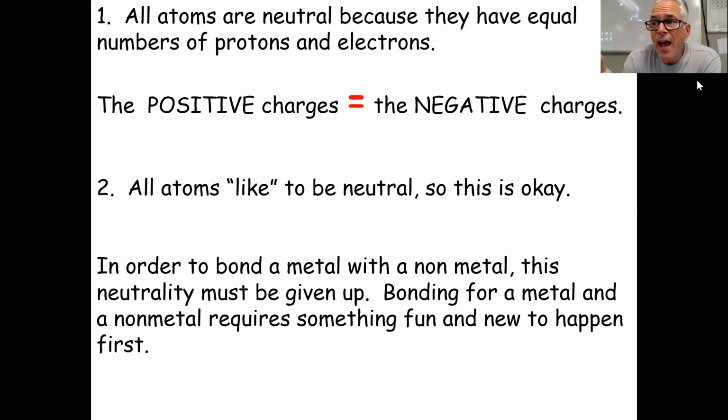And once you have ions, they're wildly attracted together. There's a whole system of bonding called ionic bonding, where the positive ion and the negative ion are wildly attracted together and bond really tightly.